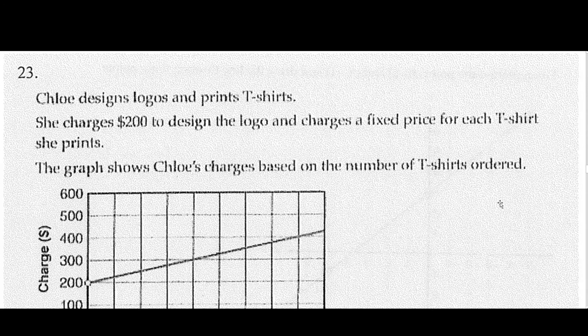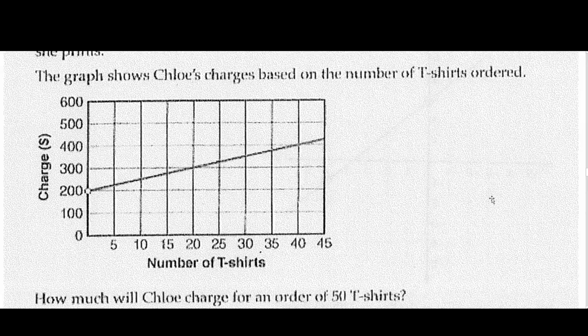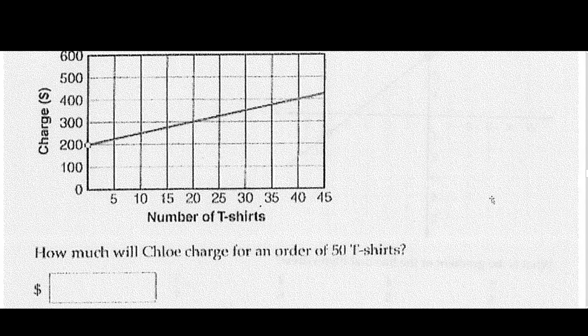Number 23. Chloe designs logos and prints t-shirts. She charges $200 to design the logo and charges a fixed price for the t-shirt she prints. The graph shows Chloe's charges based on the number of t-shirts ordered. How much will Chloe charge for an order of 50 t-shirts? Number of t-shirts, 50.